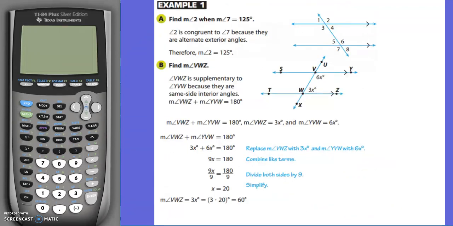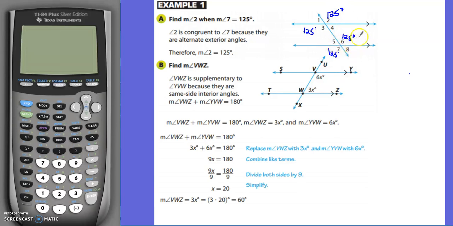So it says find the measure of angle 2 when angle 7 is 125. So if this is 125, angle 6 is 125. Therefore, angle 2, based upon corresponding angles, is also 125 degrees. And angle 3 is 125. This is based upon corresponding and vertical angles.